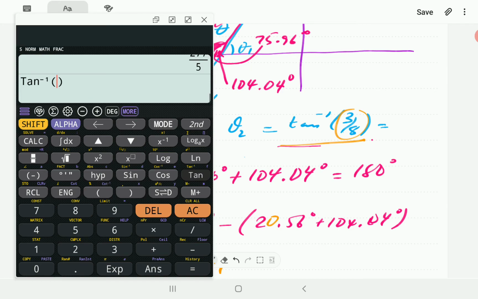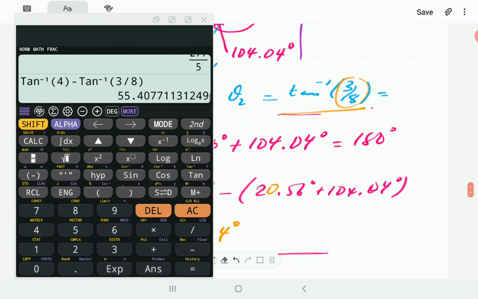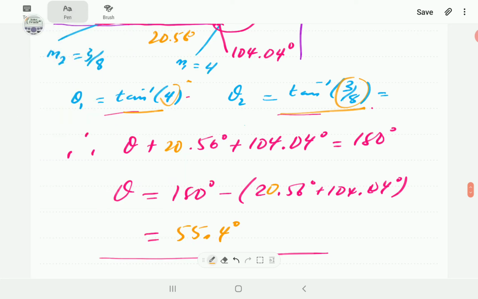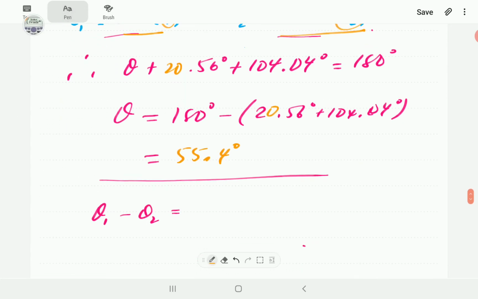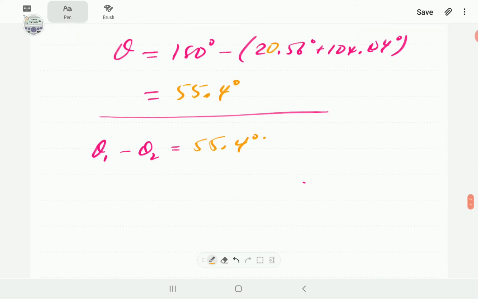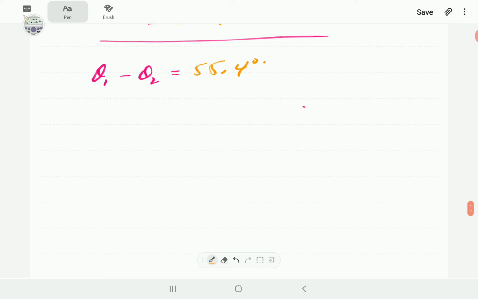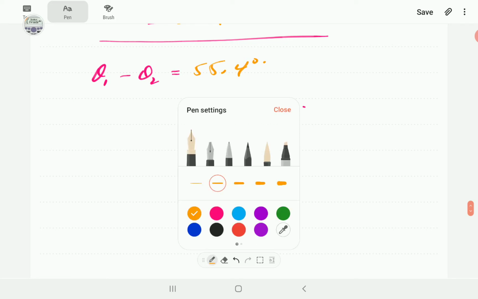But look, inverse tangent of 4 minus inverse tangent of 3/8 is 55.4. So we could have done this whole thing by just subtracting those two, but you need to do this with understanding, and we will bring that understanding into the fore when we summarize this section.